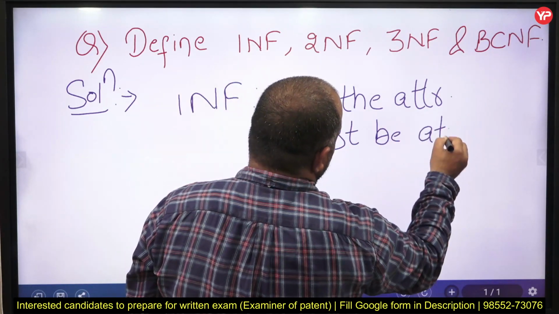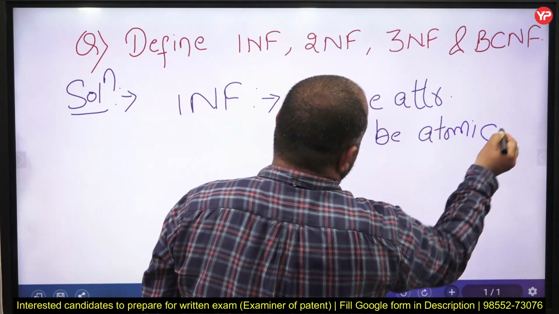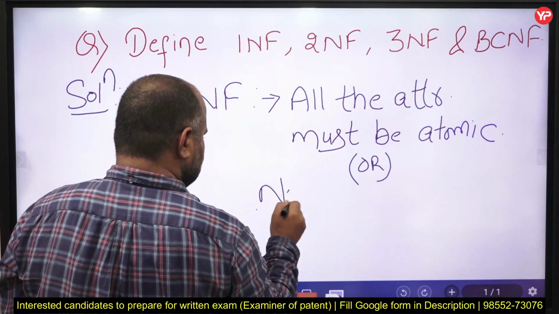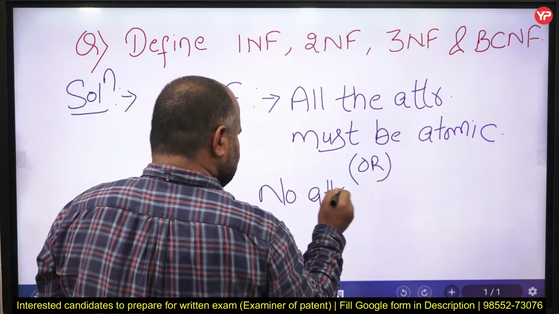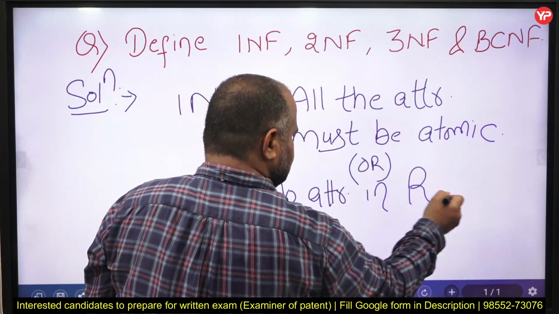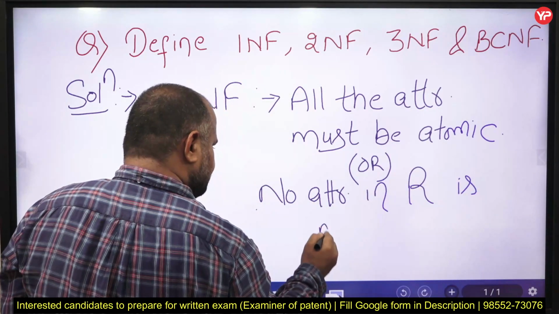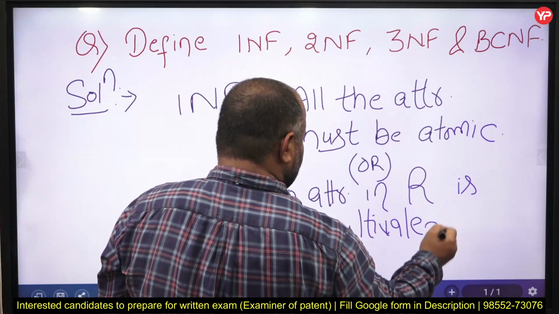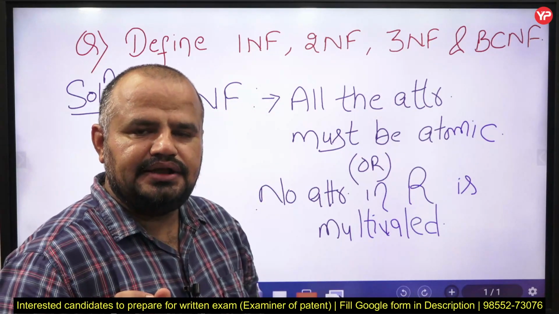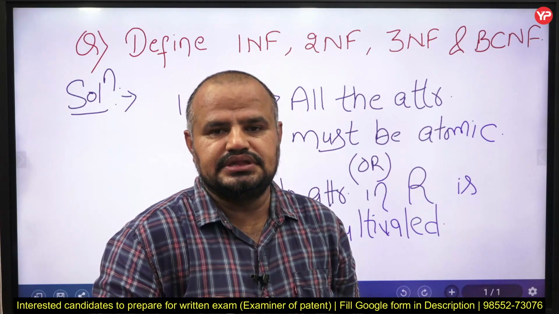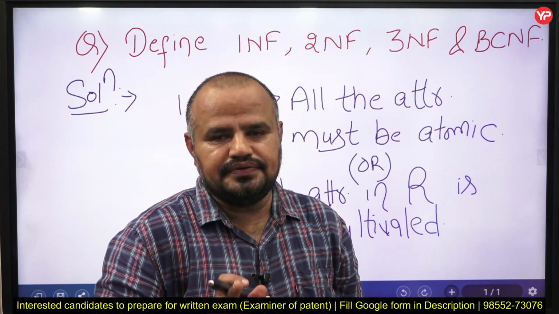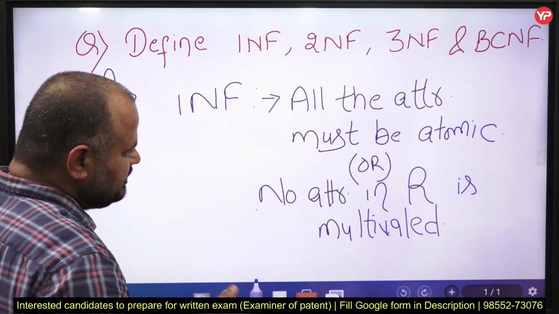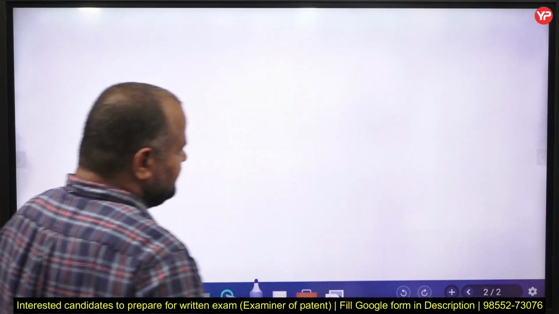It means no attribute in R is multivalued. So if my relation has all attributes atomic in nature, then I can say my relation is in first normal form. Now, what do we mean by a multi-valued attribute?